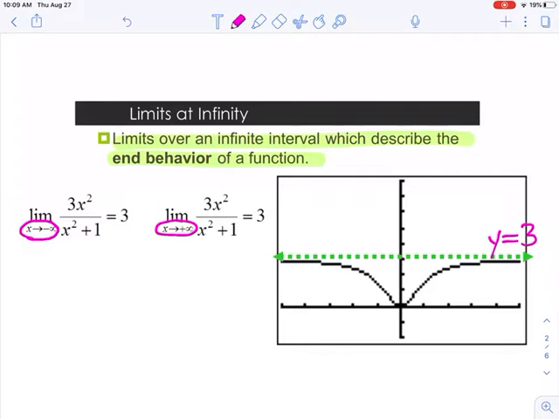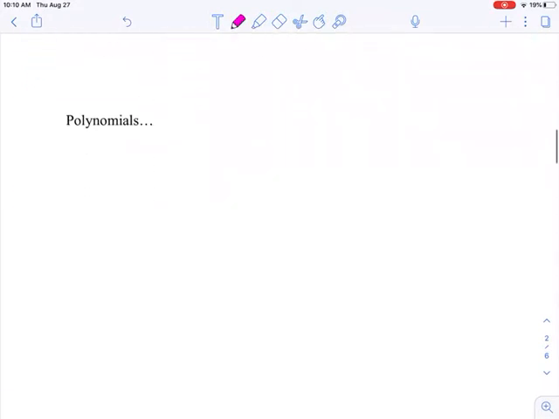Okay, so all of the limits I'm going to ask you to do today are all going to be towards negative infinity or positive infinity. And all that really means is the end behavior towards the left, and the end behavior towards the right for positive infinity.